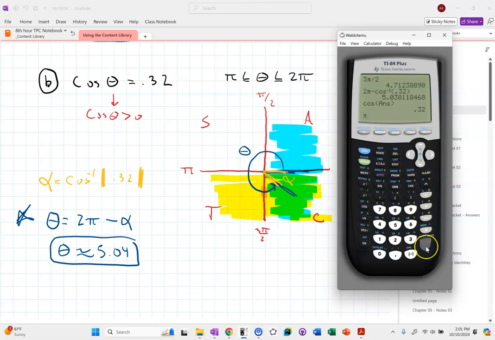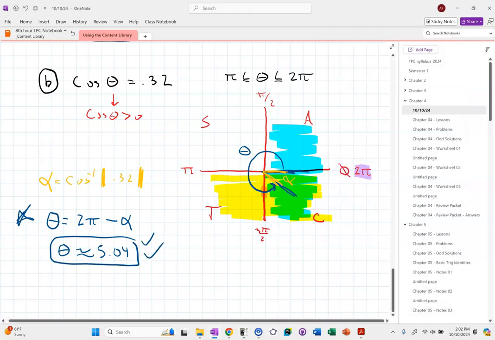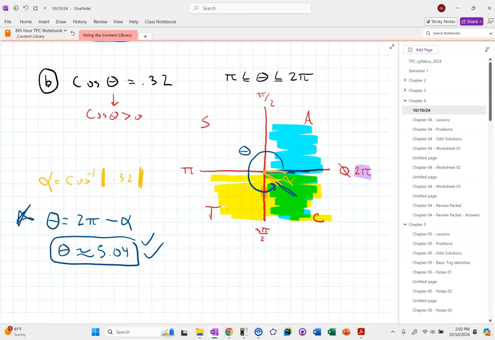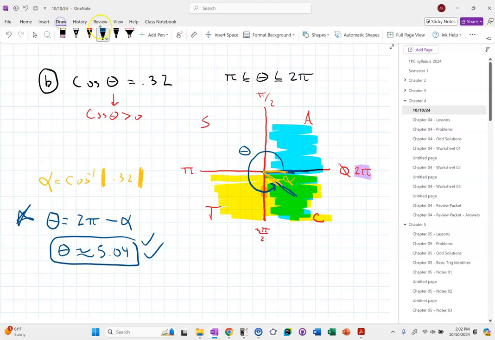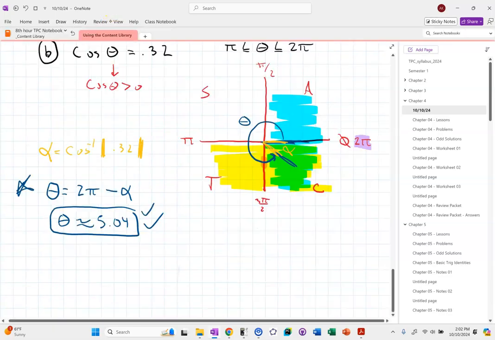Well, pi is 314, so we're bigger than that one. That's good. And 2 pi is 628. We're smaller than that one. So we are all set. I usually write 2 checks because you have to do 2 parts of the checking. What do you guys think? Is this so far so good?